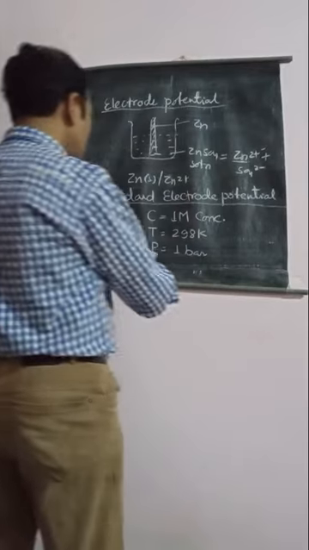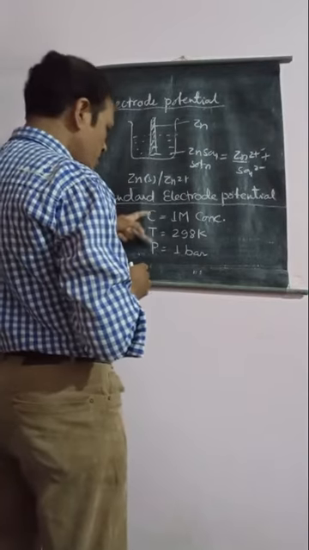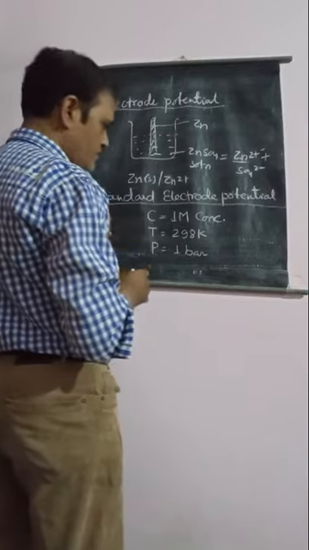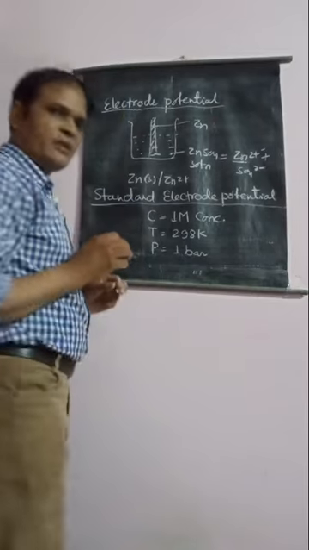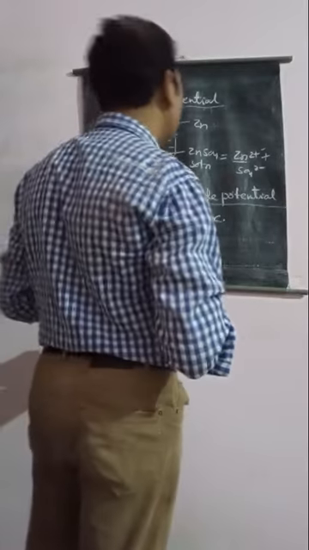That's why the electrode potential of an electrode in which these 3 conditions are followed is known as the standard electrode potential. So here we can define our standard electrode potential.